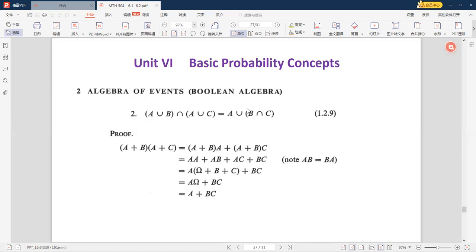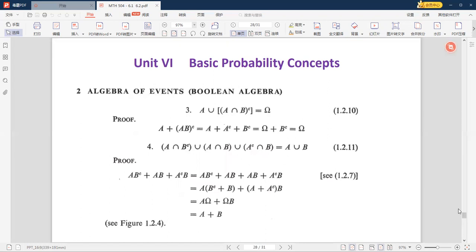So in terms of sets, you have to do the intersection between B and C first. That's why we need the parentheses here. That's one thing you need to be careful about when you switch back and forth between those notations.